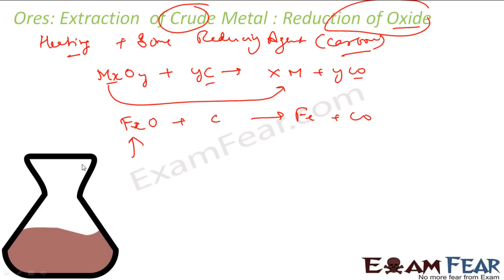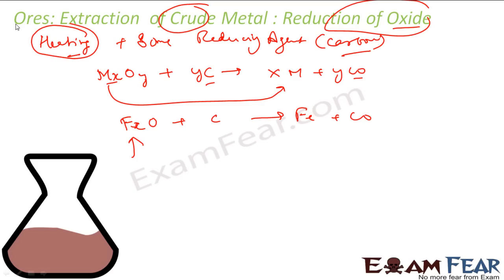And here is the application of thermodynamics to make this process better, because I can't say that carbon is a universal reducing agent. Carbon works in some cases, it doesn't work in some cases. Some metals are easy to reduce, so you need some temperature. Some metals are hard to reduce, so you may have to increase the temperature.